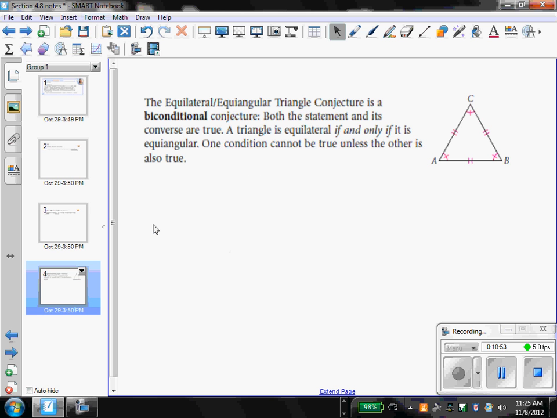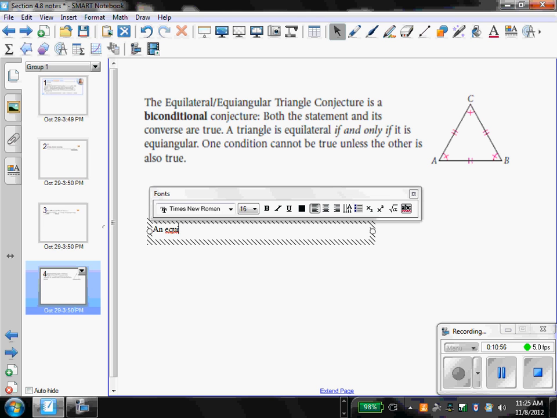So an equilateral triangle is also equiangular and an equiangular triangle is also equilateral.